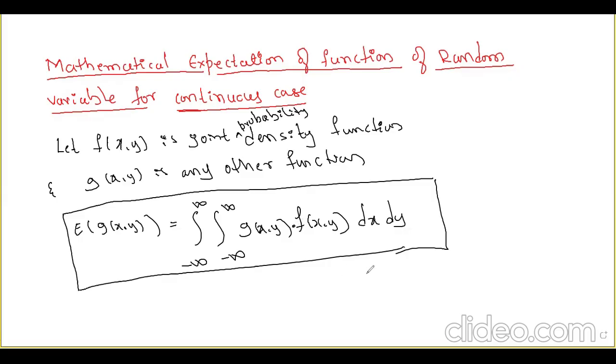This is the formula to find the expectation of g of x, y when x and y are continuous. So now we go for examples here.